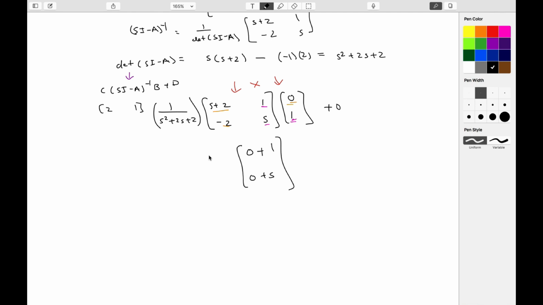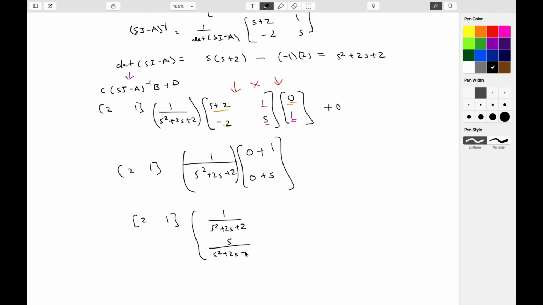Alright, so then all I need to do is take this 1 over the determinant, s squared plus 2s plus 2, and then I have C, which is [2, 1]. Alright, so to reduce this, it's going to look like the following: [2, 1] times [1 over s squared plus 2s plus 2; s over s squared plus 2s plus 2].